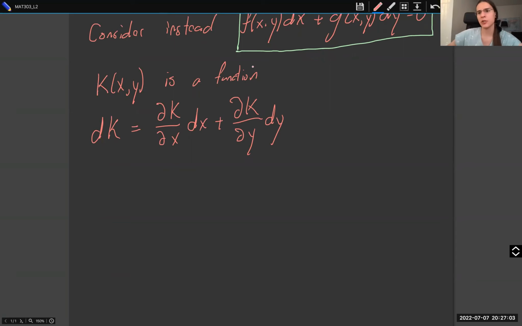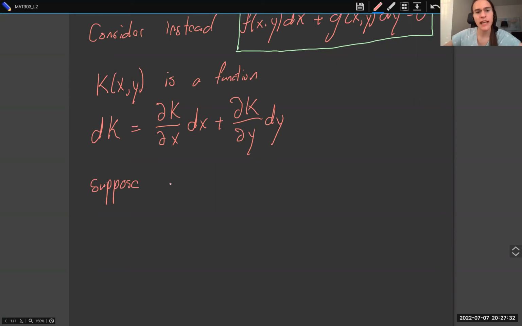Now I'm just going to tell you the punchline. The partial derivative is where you differentiate with respect to x, imagining that y is just a number, or you differentiate with respect to y, imagining that x is just a number.